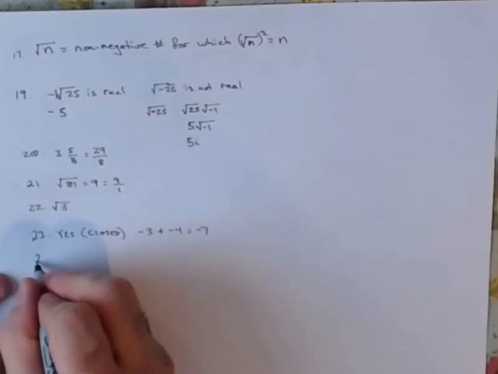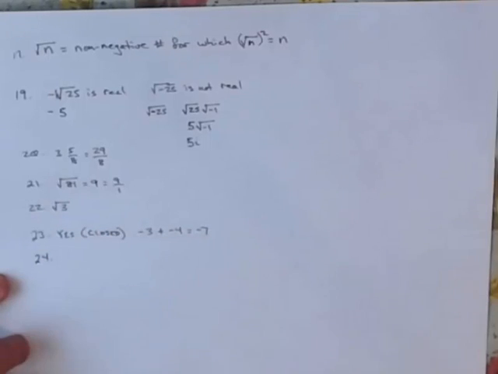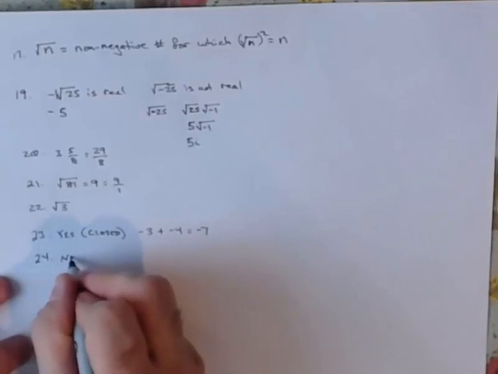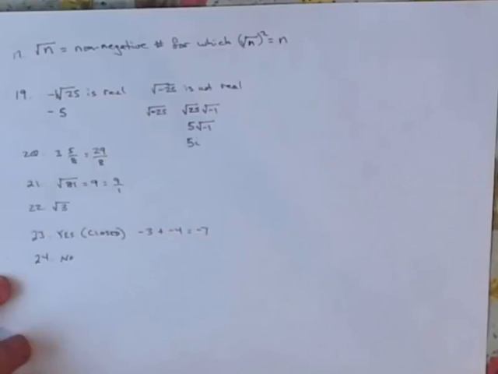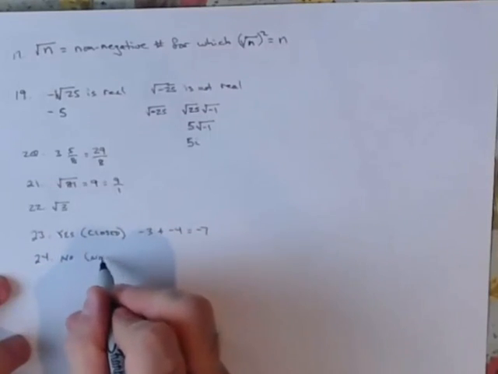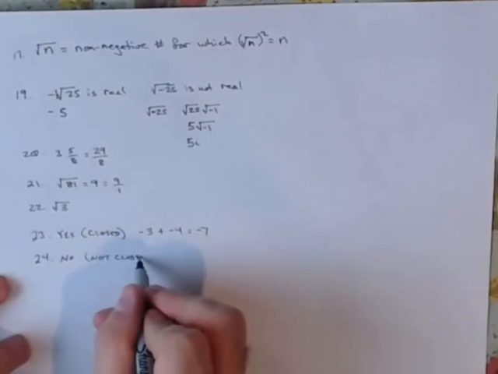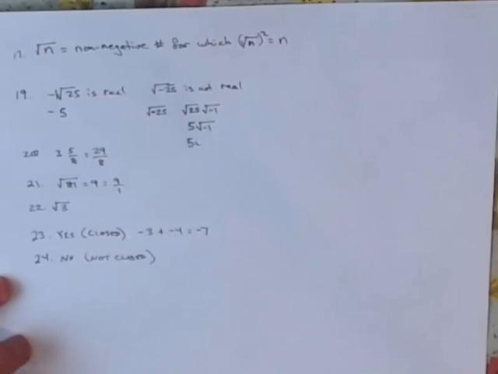Number 24. The positive integers under division. In other words, if I have a positive integer and I divide it by another positive integer, will the result be a positive integer? And no, it's not closed. No, not closed. Get an example. Well, the book example is a good one.